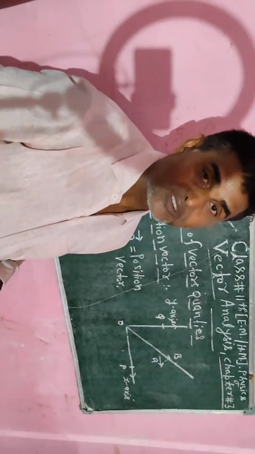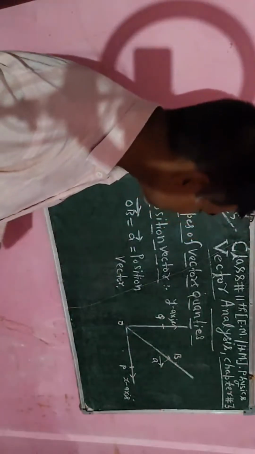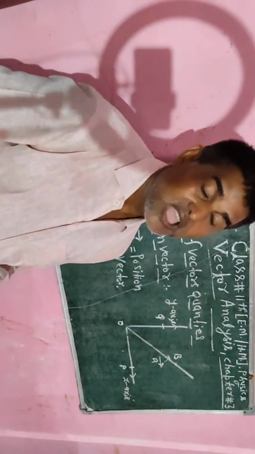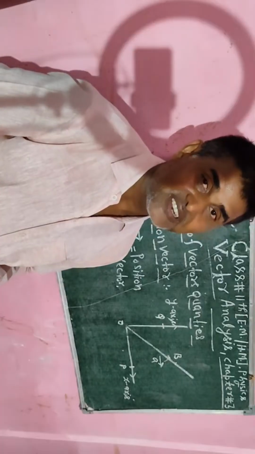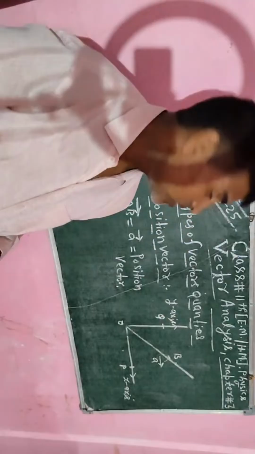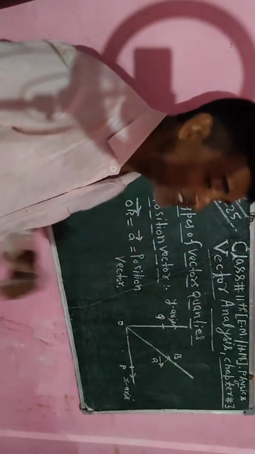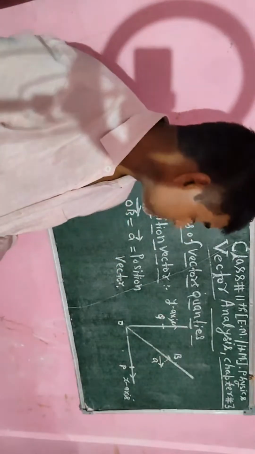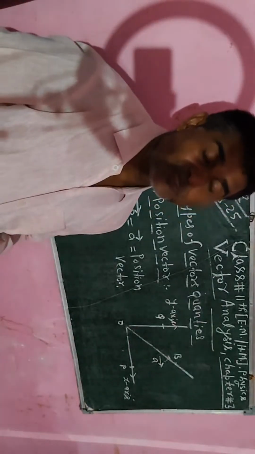Each and every student has to know about this concept in detail. Okay student, I hope that you are also understanding the concept of position vector in detail. Okay student, now after explaining this, I will also explain the concept of displacement vector.